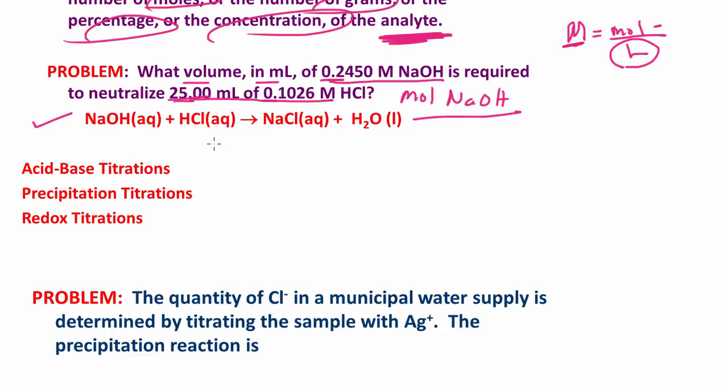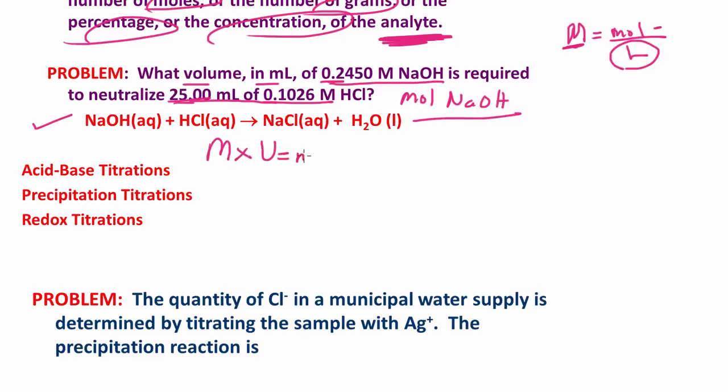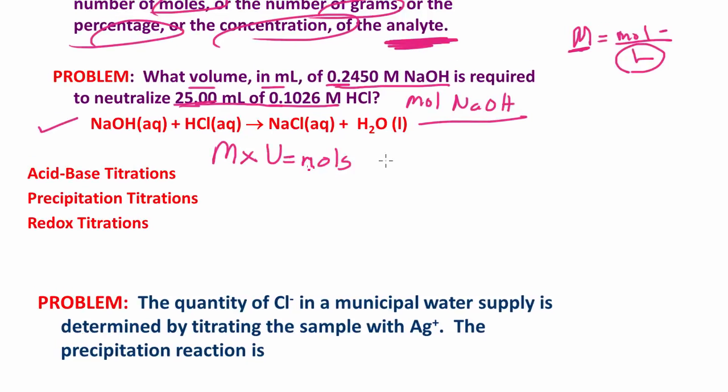So we know that molarity times volume will give us the number of moles. So my molarity is 0.1026 moles per liter of hydrochloric acid. And we'll multiply that by the volume.